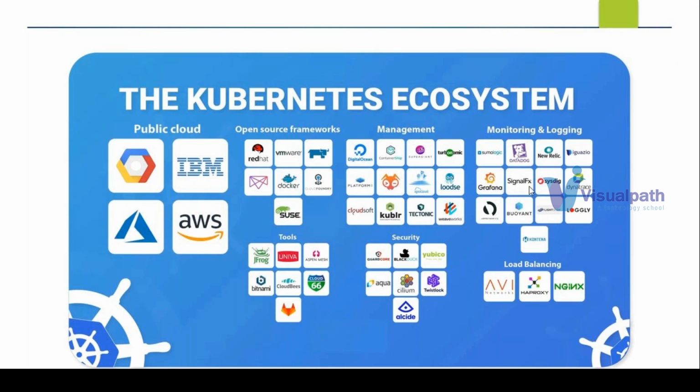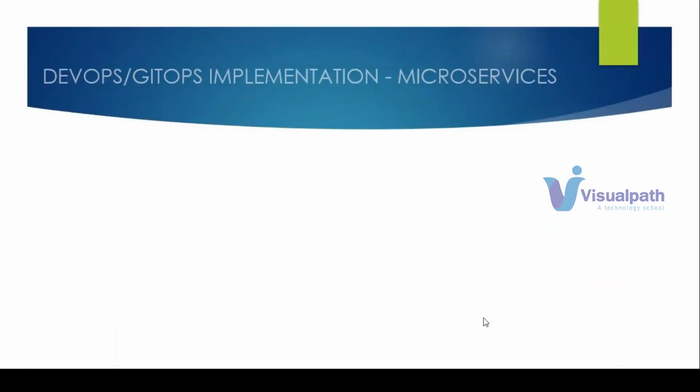These are the popular tools that work across the Kubernetes ecosystem. Kubernetes has its own load balancing based on the platform, but for on-prem instances we can leverage the load balancing of Nginx, HAProxy, and some third-party providers as well.